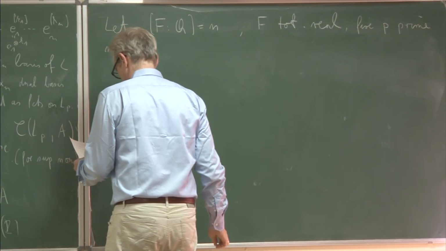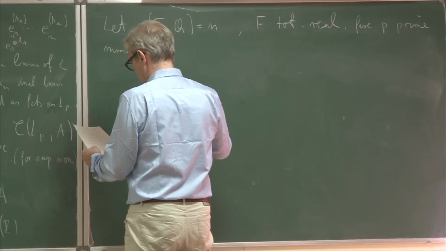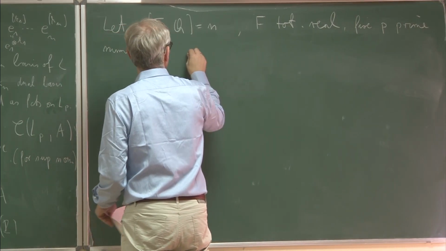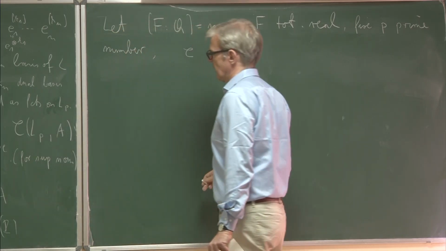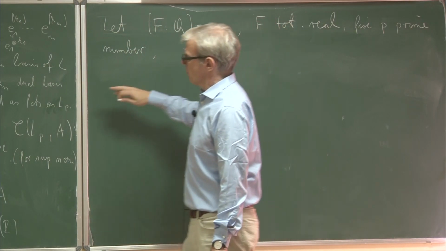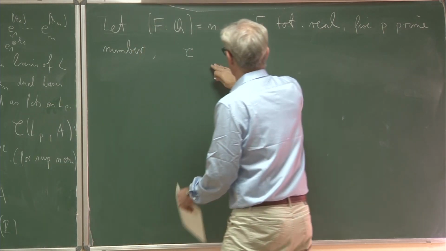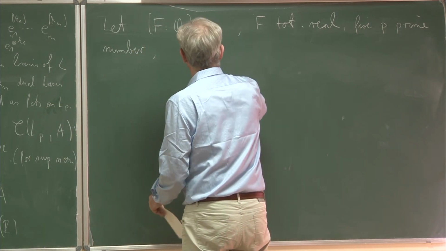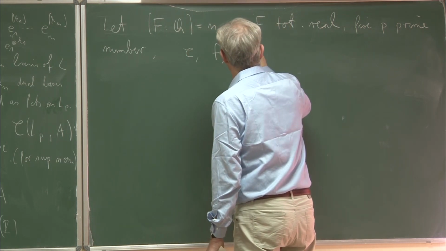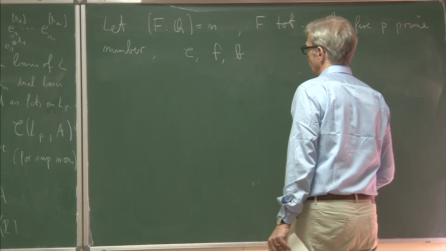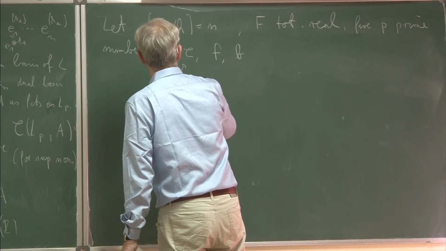We also needed certain ideals. So C, this was an auxiliary ideal which takes the role of this little c, which I just erased. And then we have F, which plays the role of the conductor, and B, which plays the role of the ray class group. So that's auxiliary.